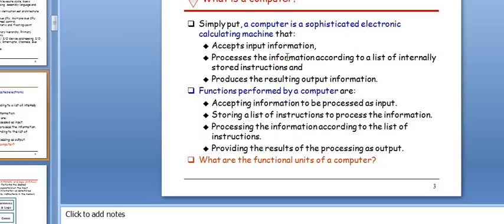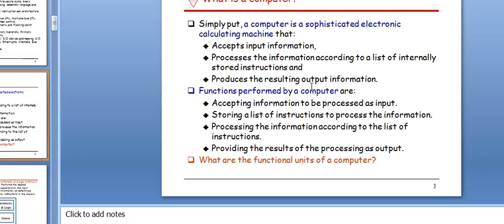What is a computer? Simply put, a computer is a sophisticated electronic calculating machine. It accepts input information, processes the information according to a list of internally stored instructions, and produces the resulting output information.